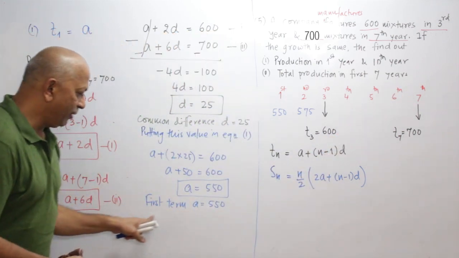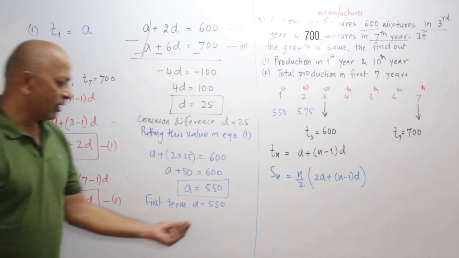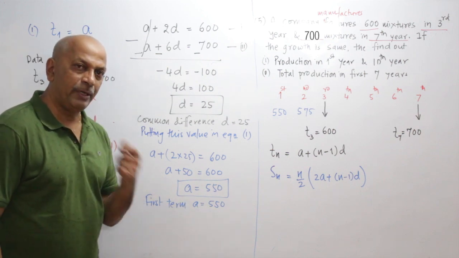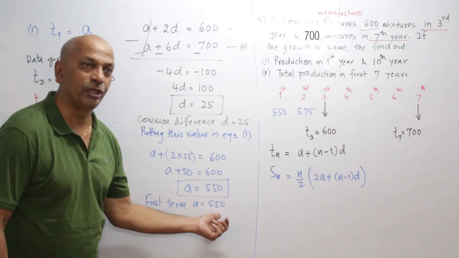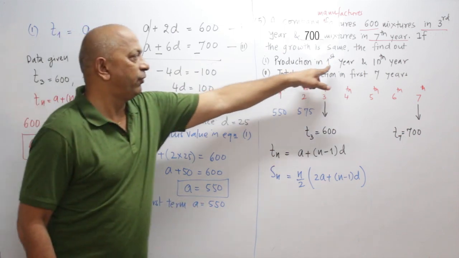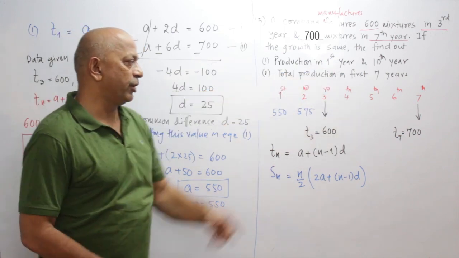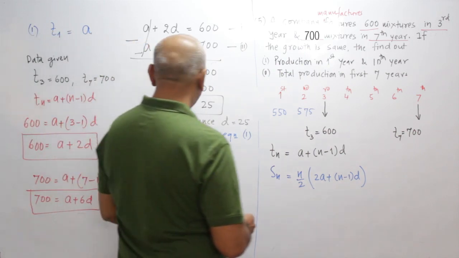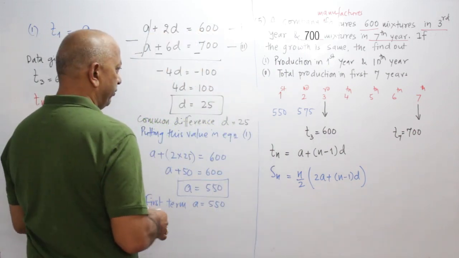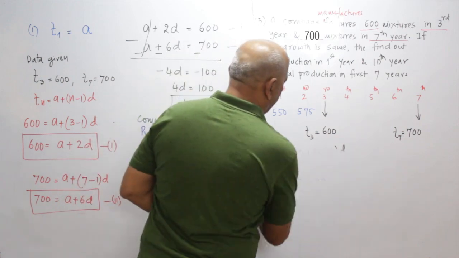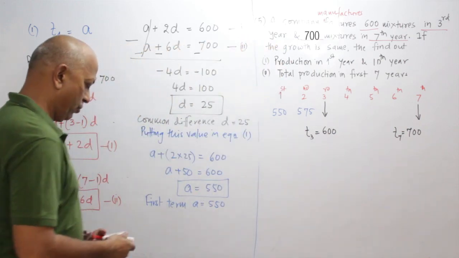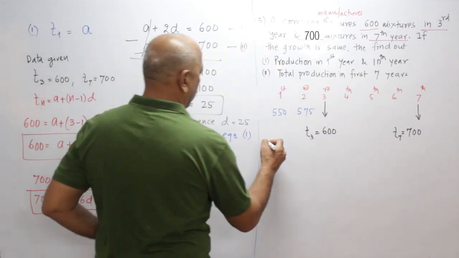So the first term A is nothing but the number of mixers manufactured in the first year. So we got the answer to the first one: production in first year. So we can write the answer.